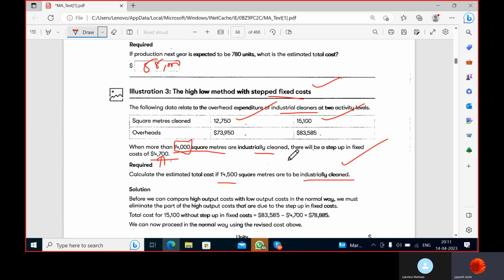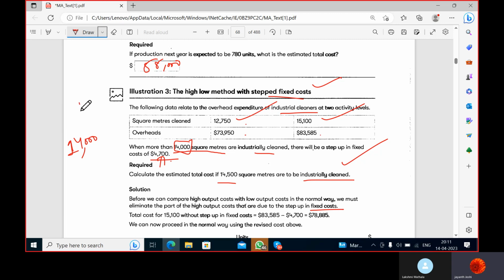Okay, we'll do that. Since it's high-low method, we know we have to first find out the variable cost. Then we have to find out the fixed cost. Before we can compare high output cost with low output cost in the normal way, we must eliminate the part of high output costs that are due to the step in fixed cost. So we will take the highest activity, because beyond 14,000 what is happening?